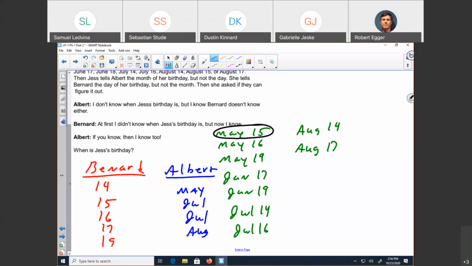Because it's June 17th or August 17th. I don't know. June 19th, May 19th. I don't know. And so forth. So the 15th was the only day that was unique, independent of the month. So by Albert saying, I don't know what it is, but I know Bernard doesn't know either, it would mean that the month is not May.